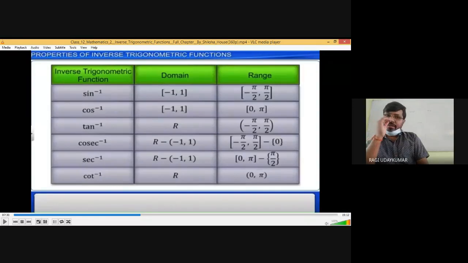Because we have already discussed it. Tan domain, whenever you take the tan function domain, what is it here? Except pi by 2, 3 pi by 2, the odd multiples of pi by 2 should be deleted from the real numbers. Pi by 2, 3 pi by 2, 5 pi by 2.